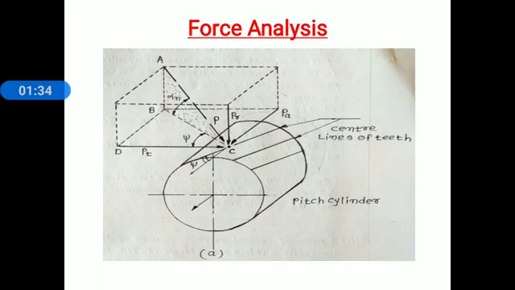In this sketch, the normal pressure angle alpha suffix n is in the plane ABC, and that plane ABC is shaded by the dots, while the helix angle psi is in the lower plane BCD.